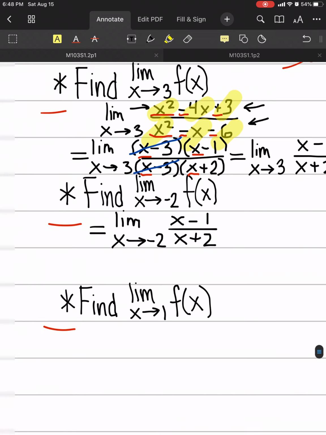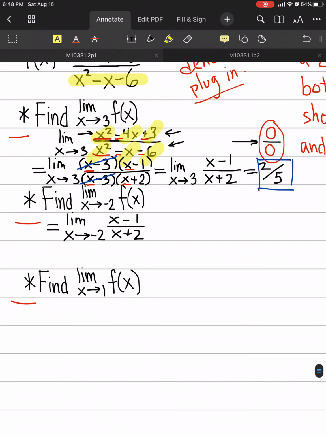Okay. But either way, if I plugged it in the original version, if I plug in negative 2 on the top, I get negative 2 squared, which is 4, minus 4 times negative 2, which is 8.